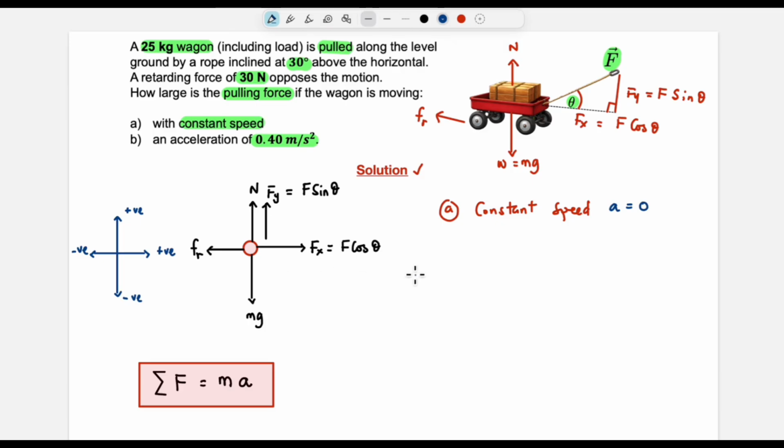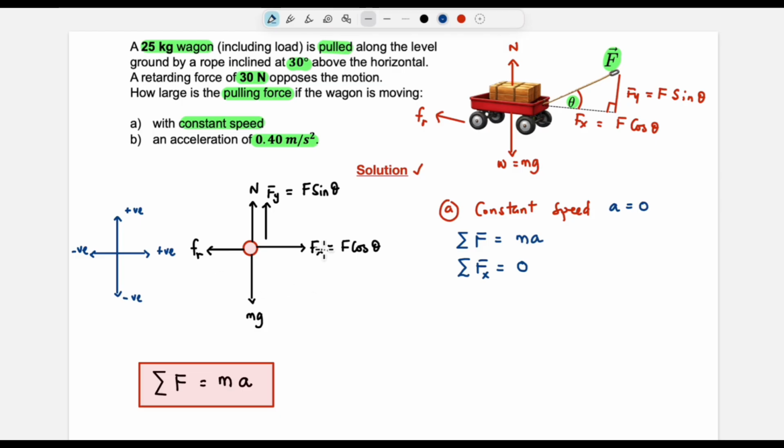So let's apply Newton's second law for this part. Newton's second law says the net force acting on the object is equal to ma, and acceleration is 0, so the net force acting on this object is the mass times 0 acceleration, which gives us 0. But what are the forces along the horizontal direction? Because we know that the wagon is moving horizontally. So we need to consider all the horizontal forces, that is along the x direction of our coordinate system.